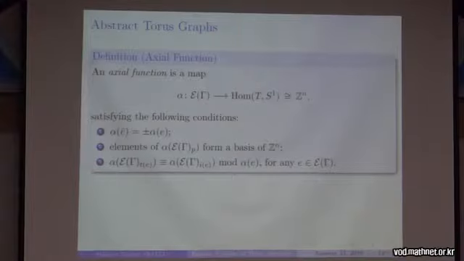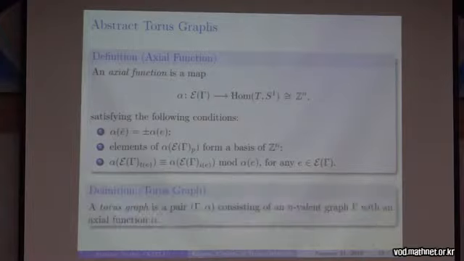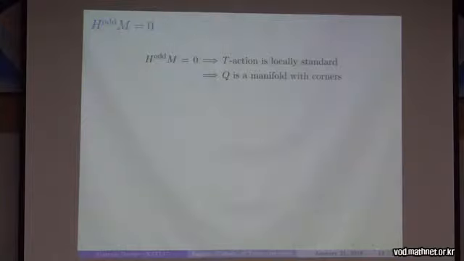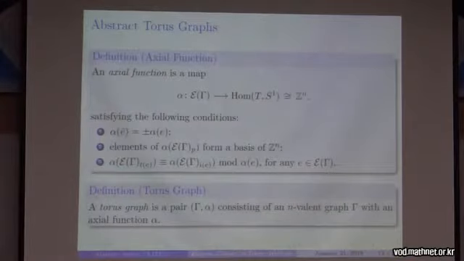And then the third condition gives you a relationship between the labels coming out of one vertex and the labels coming out of another vertex that are joined by an edge. And they're essentially the same modulo the labeling on the edge. Okay, so a torus graph is a pair of this graph with an axial function. And to each torus manifold, we can obtain a torus graph, an abstract torus graph. Okay, but we can also study these torus graphs as abstract combinatorial objects in their own right.